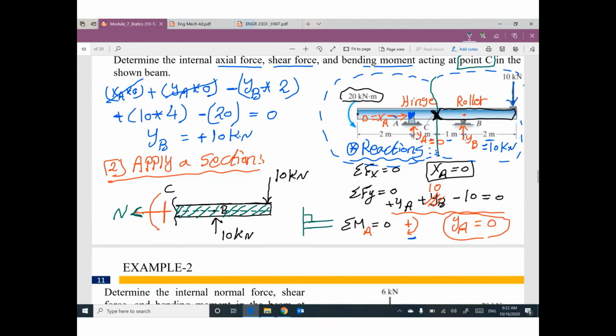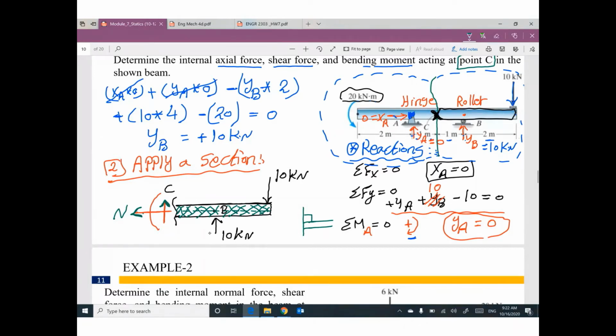So to down or to up, this arrow must make this beam rotate clockwise. So I believe this direction must be up to rotate this beam like this.